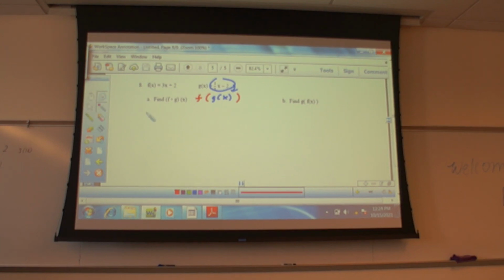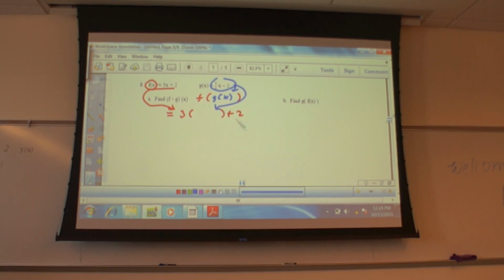So what is my f? This is equal to 3 times the giant parentheses when you see the x, plus 2. That's my f. F comes first. Then I'm going to take this part and pop it into there.